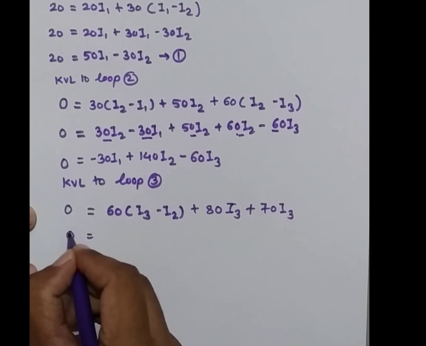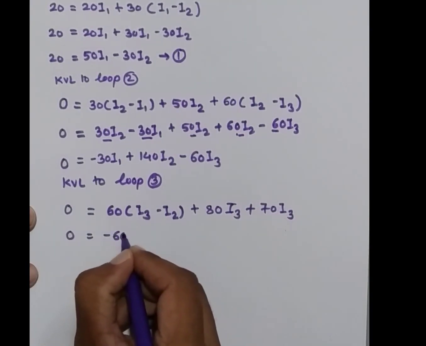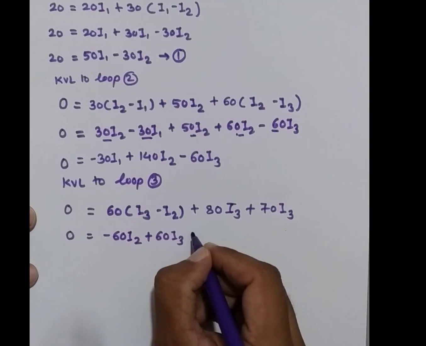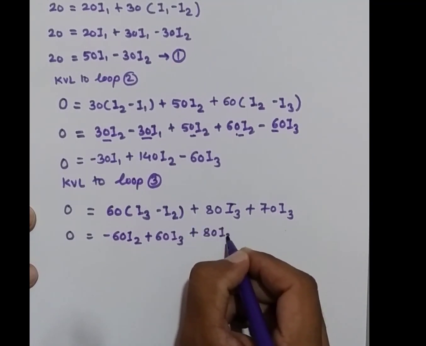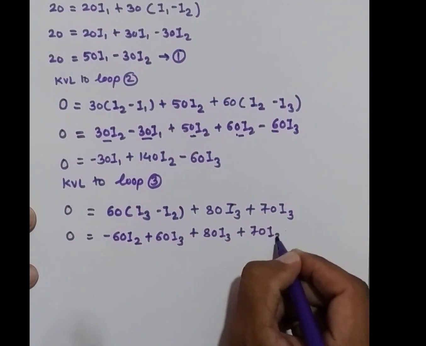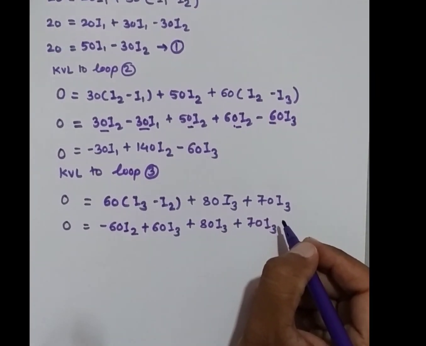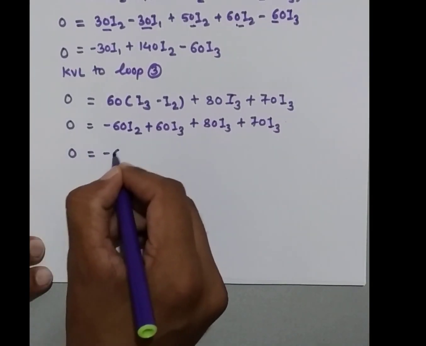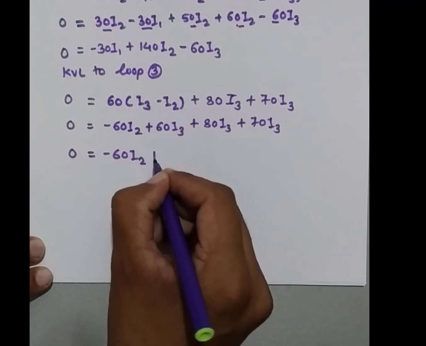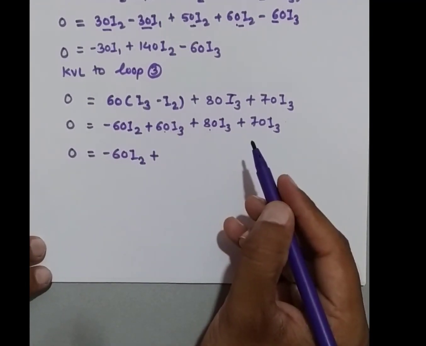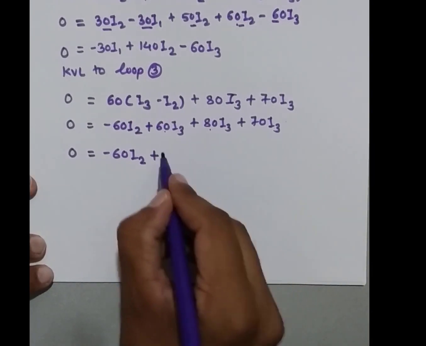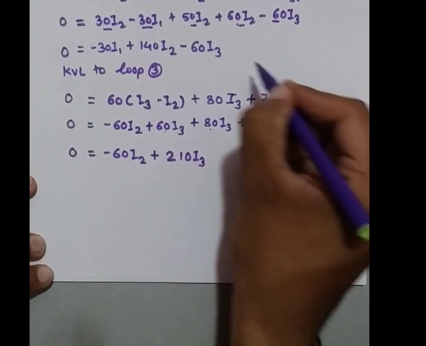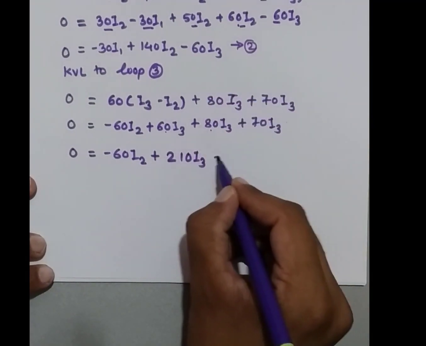So simplify it. 0 is equal to minus 60 I2 plus 60 I3. I have multiplied by 60 inside this bracket, and the rest of the other terms we are going to write. Is it fine? So minus 60 I2 plus 60 plus 80 is 140 plus 70, it is going to become 210 I3. Let us mark this as equation number 2 and this as equation number 3.